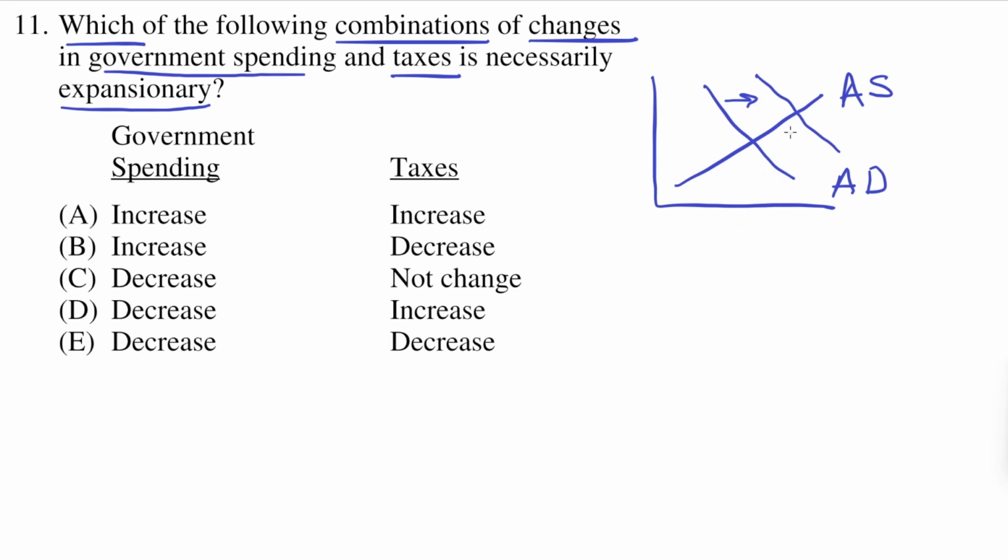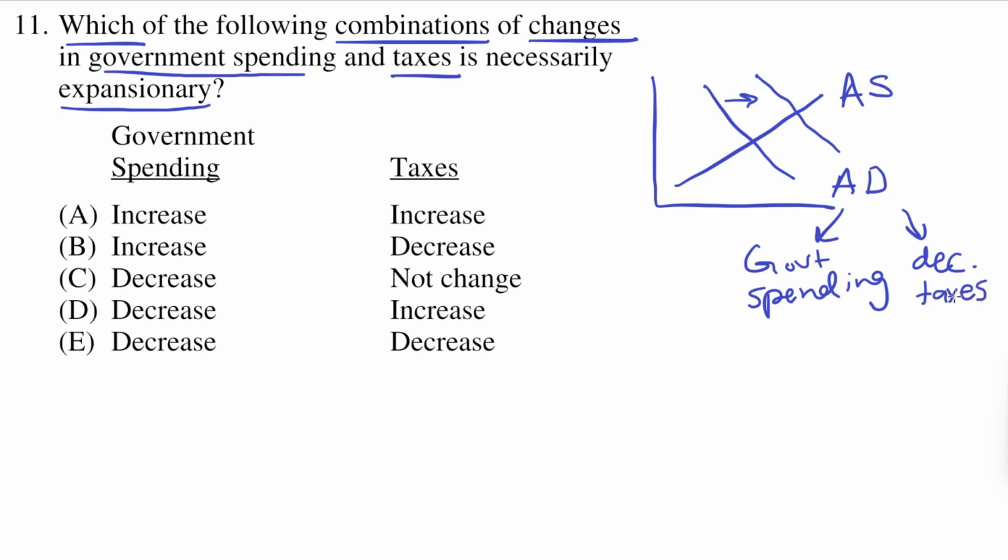And this can be done in two ways, either by increasing government spending, because government spending is included in aggregate demand, or by decreasing taxes.